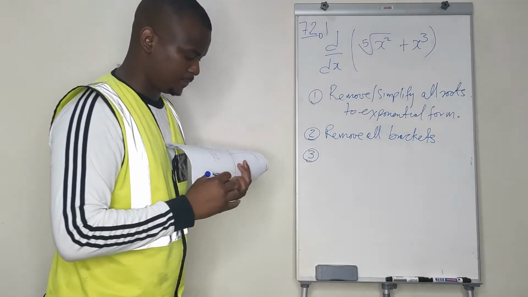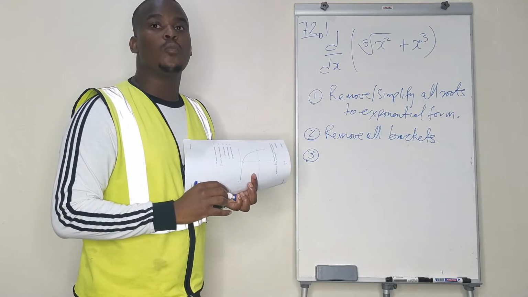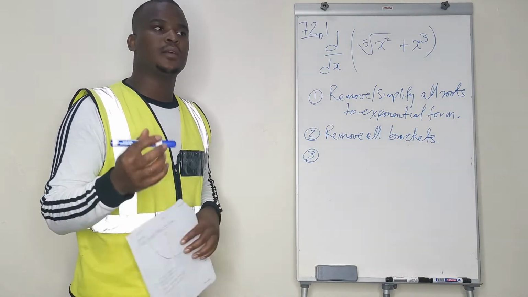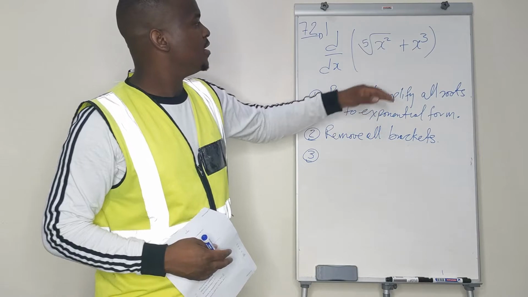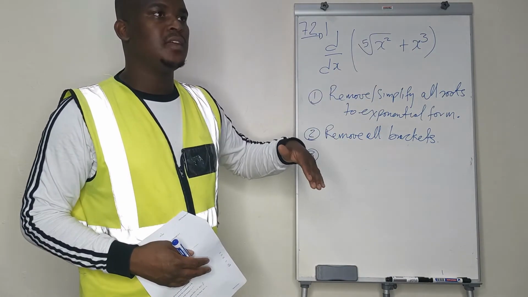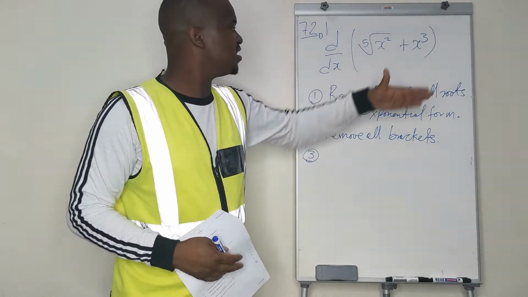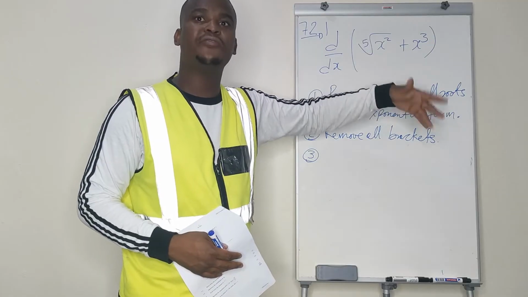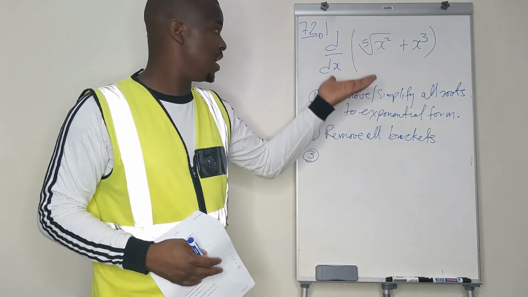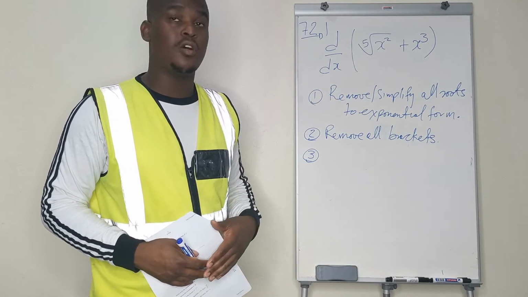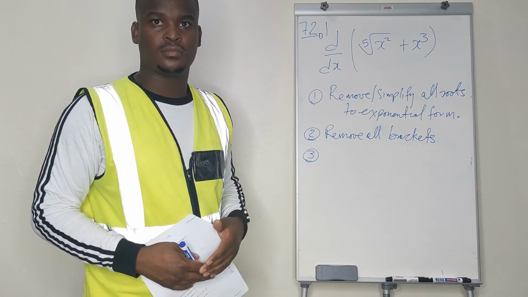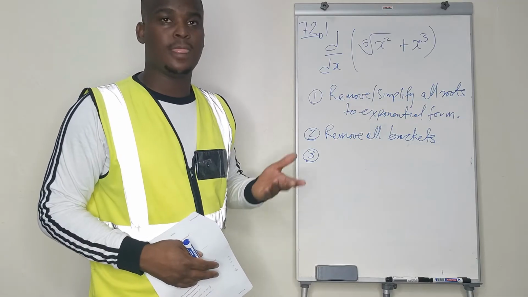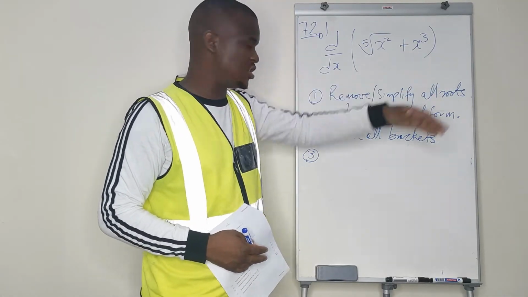Number 3, you must not have any variable on your denominator. So you must not have any x on the denominator. If this is a fraction, or you have some rational function, you must not have any variable on your denominator.